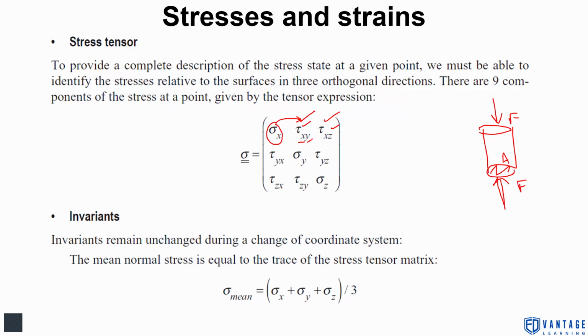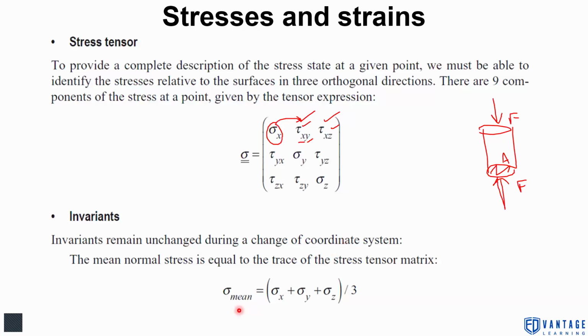So there are 9 components of stress at any point given by the tensor expression below. And of course, we always need to recategorize them to limiting stress, delta F by delta A, with delta A tending to 0, because I want to know it at a point. Similarly, we have invariants which remain unchanged during a change of coordinate system.